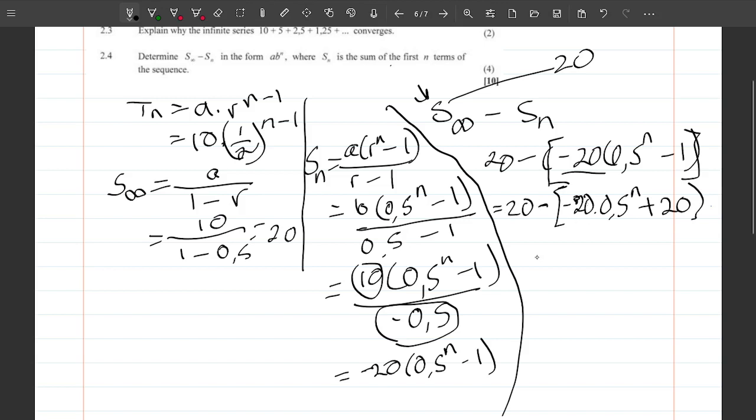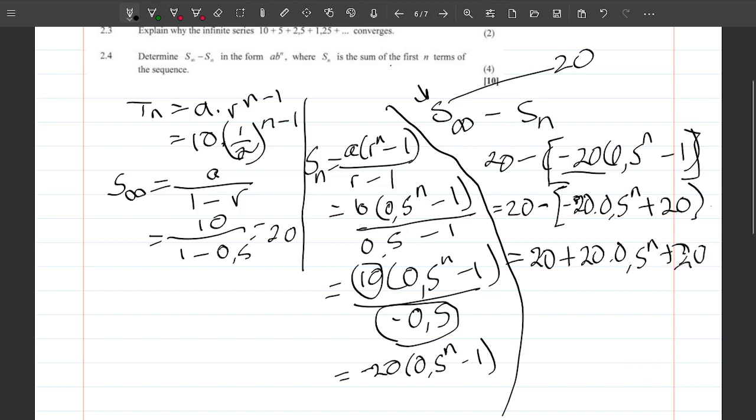Then let's multiply in this negative. It would multiply by that, so we have 20 multiplied by that, that would be positive 20 by 0.5 to the n plus 20, right?